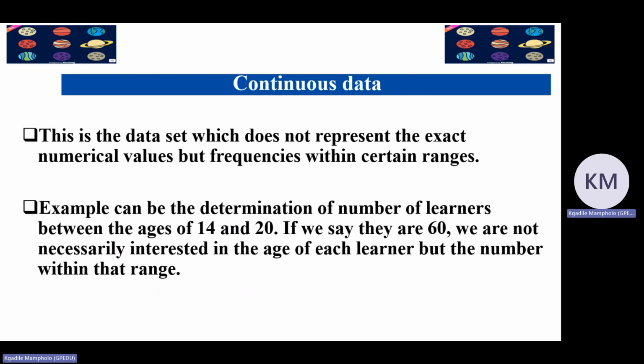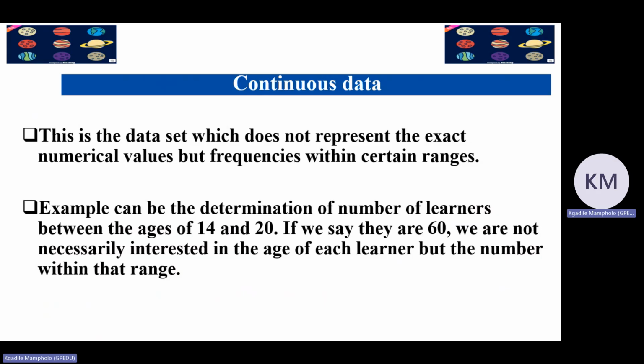Continuous data. This is the data set which does not represent the exact numerical values, but frequencies within certain ranges. For instance, if I want to check the age groups of parliamentarians, then I go to the parliament, and I say, honorable members, how many of you are between the ages of 20 and 30?